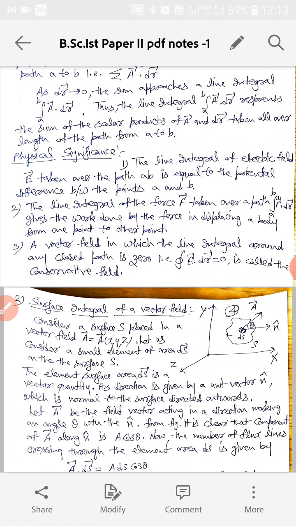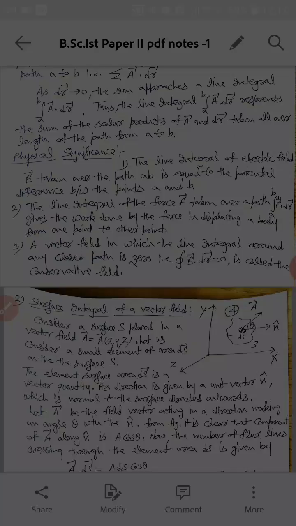One example of a line integral is the line integral of the electric field taken over the path AB, which is equal to the potential difference between A and B. You must be aware of this example. E is equal to minus dV over dx, where E is the electric field and V is the electric potential.